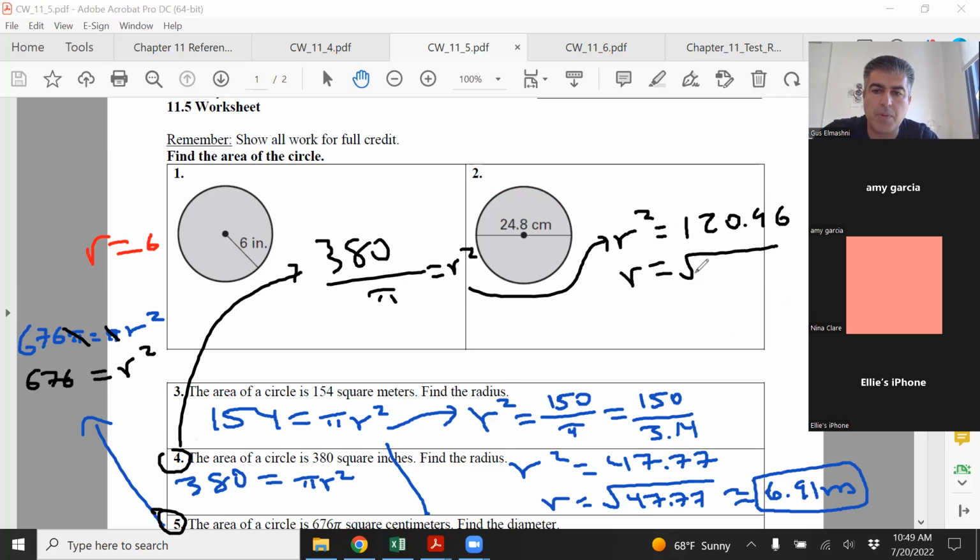R will be root 120.96. If I square root that, I should get 10.998, or roughly 11 inches. Okay.